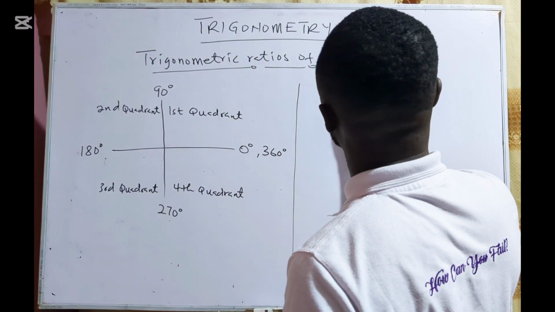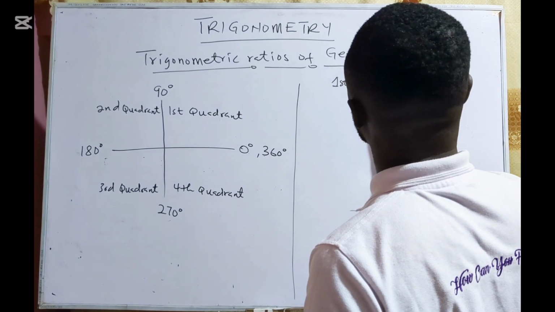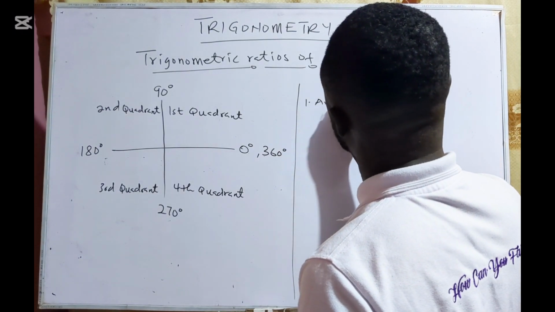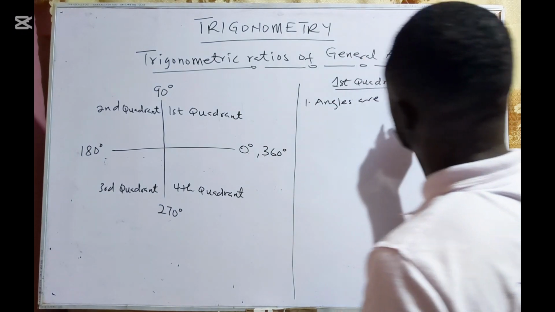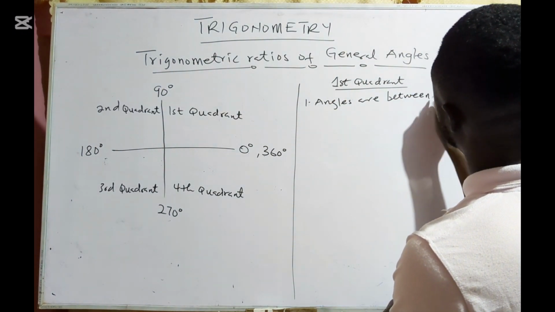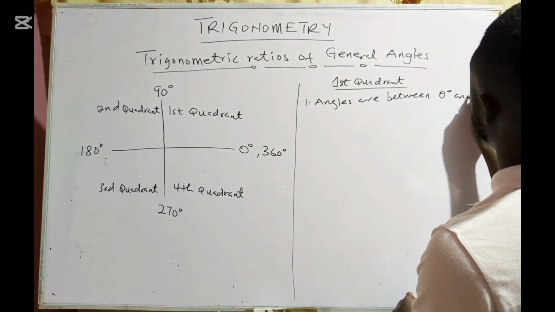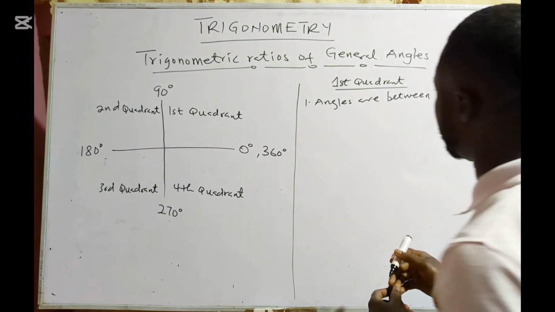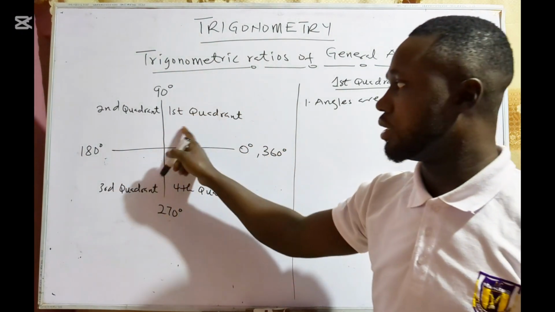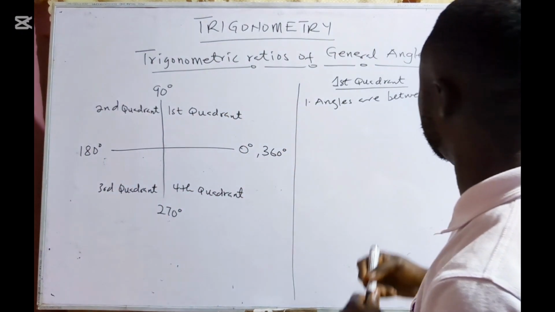In the first quadrant, what we should know is that angles are between 0 and 90 degrees. So acute. That is the first quadrant, acute.